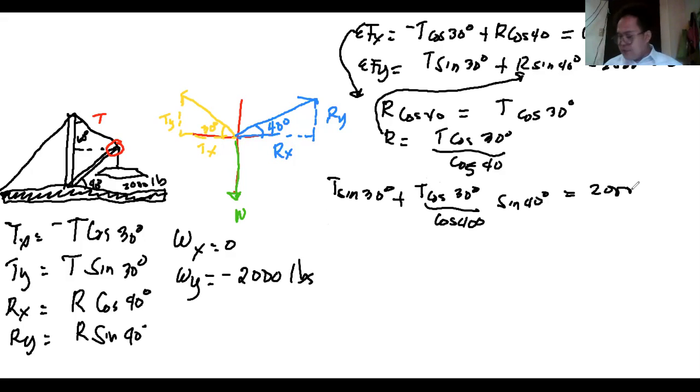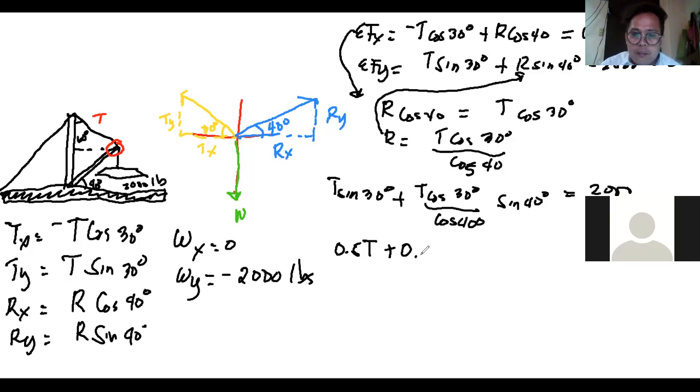Let's get the value of sine 30. Sine 30 is 0.5, so this will be 0.5 tension plus cosine 30 divided by cosine 40 multiplied by sine 40, and the answer is 0.727 T. That equals 2,000 pounds.